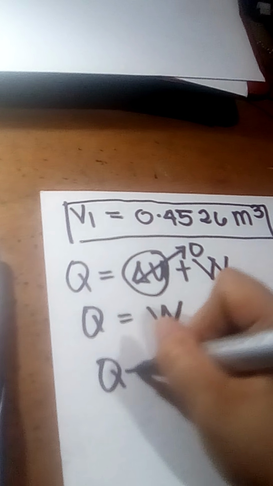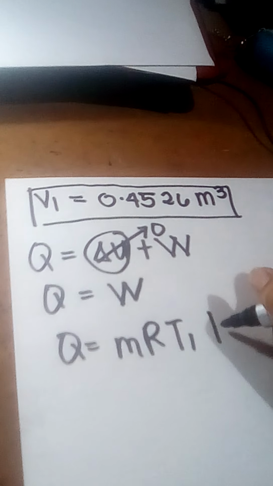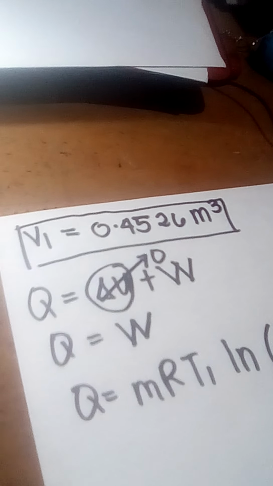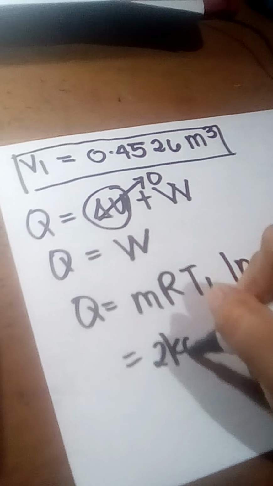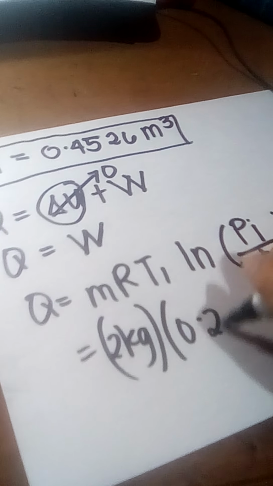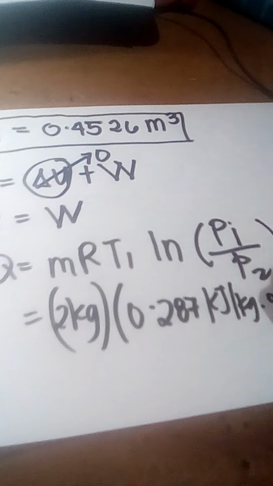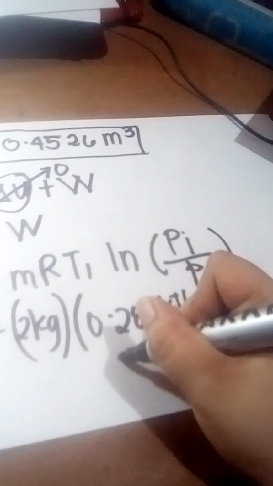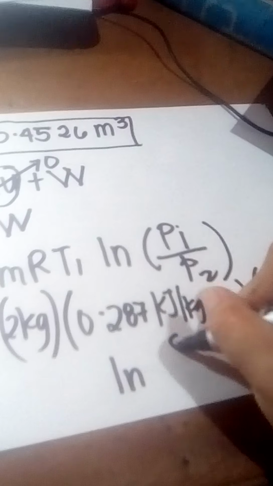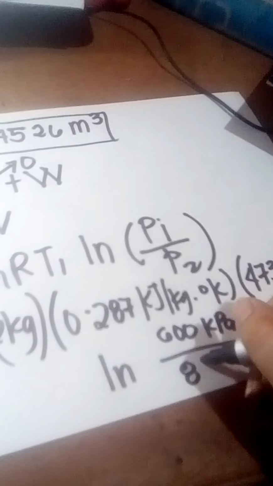We may use this formula: Q equals mass times R times T1 times ln of initial pressure over final pressure, wherein the mass is 2 kilogram times 0.287 kilojoule per kilogram degrees Kelvin times the initial temperature, which is 473.15 degrees Kelvin, times ln of initial pressure, 600 kilopascal, over the final pressure, which is 80 kilopascal.